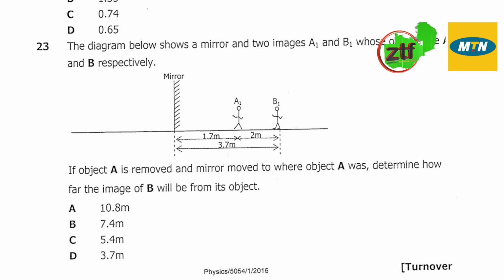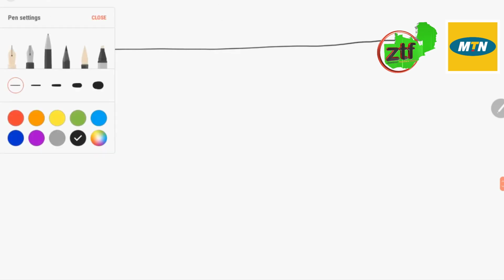Let's go back and see what is happening now. We first have this diagram, which is going to show the initial scenario where we now have a mirror placed here.